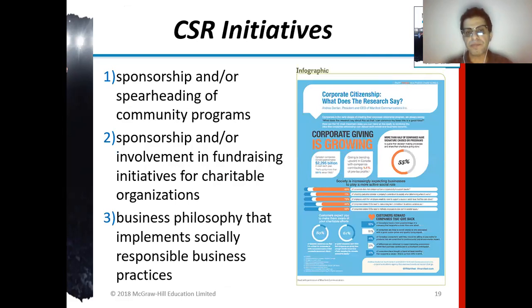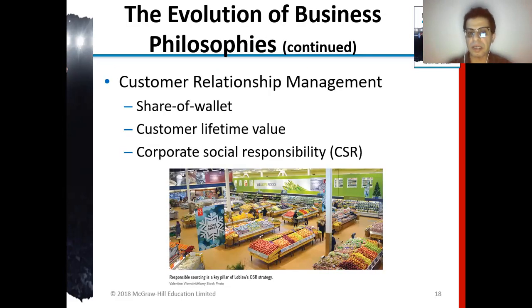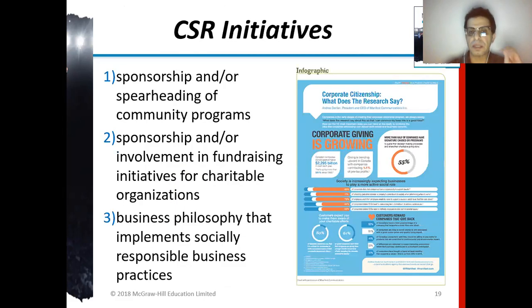So there is what you call the CSR initiative. Your sponsorship and the CSR, just to let you know, is corporate social responsibility.